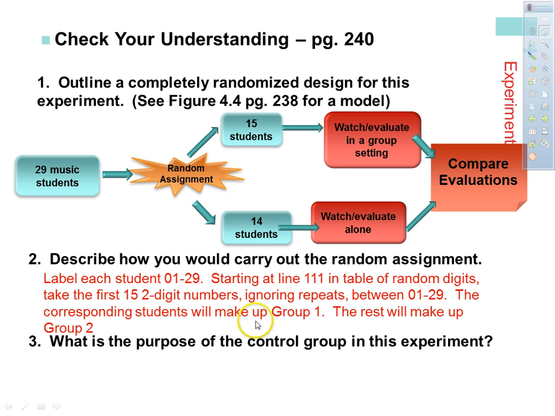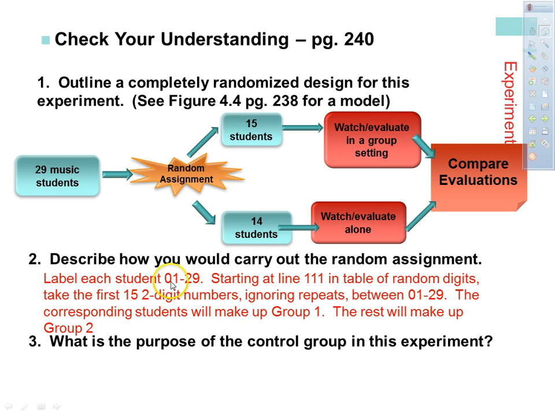The corresponding students will make up group 1, the rest will make up group 2. Not the same number in each group, that's okay. We want to try to keep the groups the same number, but sometimes that's not possible, especially if you have an odd number of volunteer subjects. But we can talk more about that later. But that's again how you would carry out the random assignment.